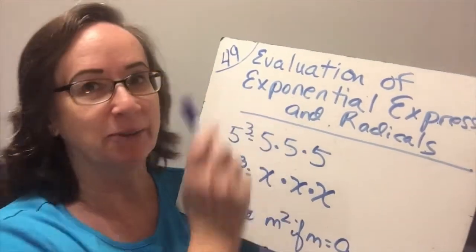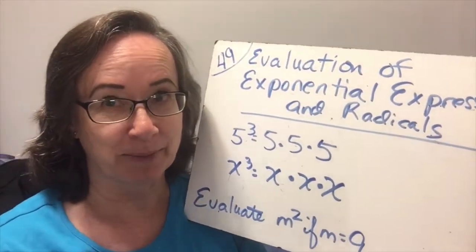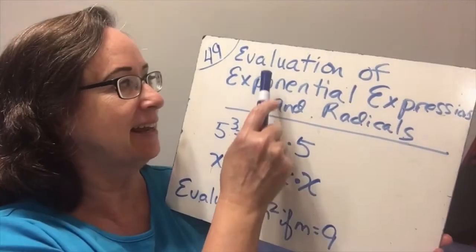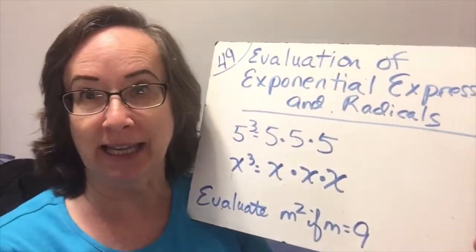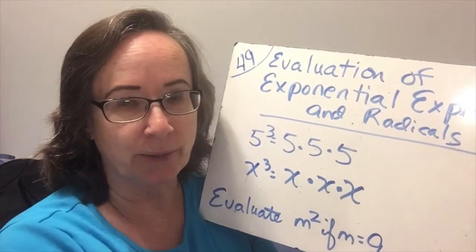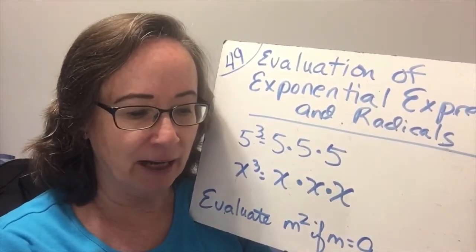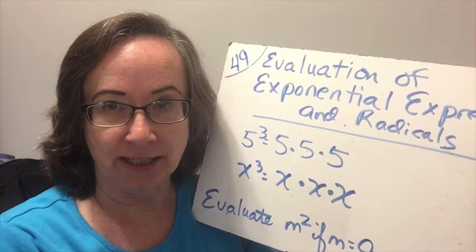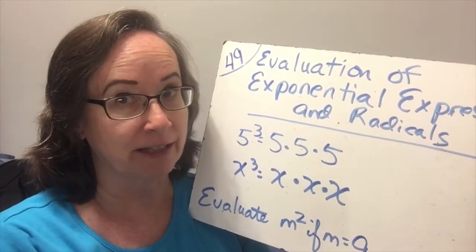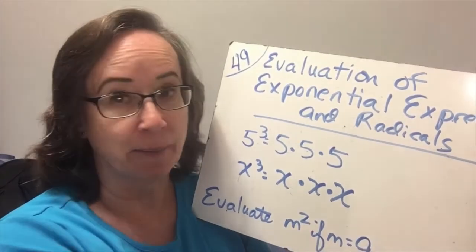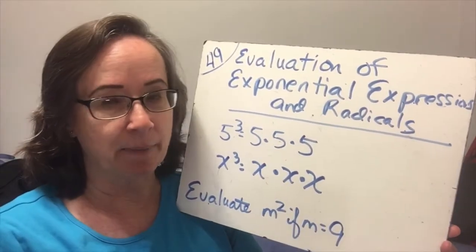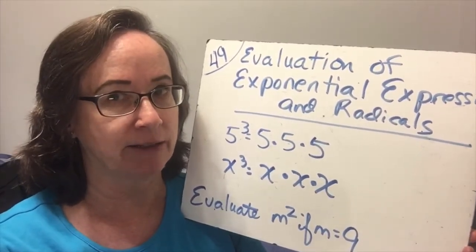And today we're doing lesson 49 in our blue book, and it is on evaluation of exponential expressions and radicals. Now remember that I am teaching out of the second edition, and some of you may have the third edition Algebra Half Blue Book from Saxon, and that's fine because the lessons are very, very close together.